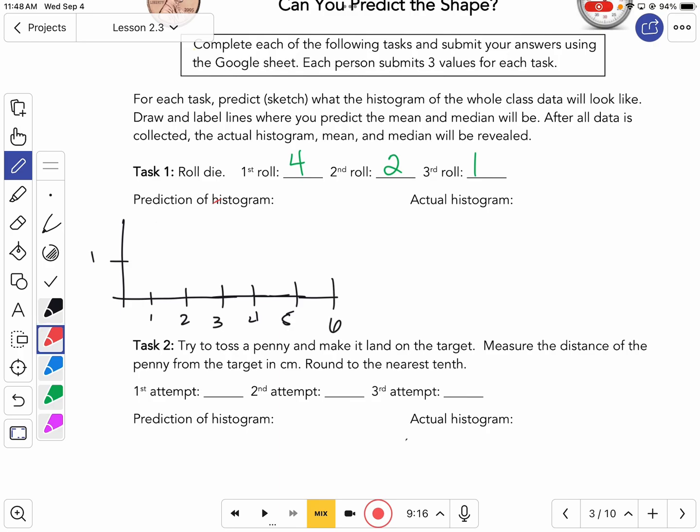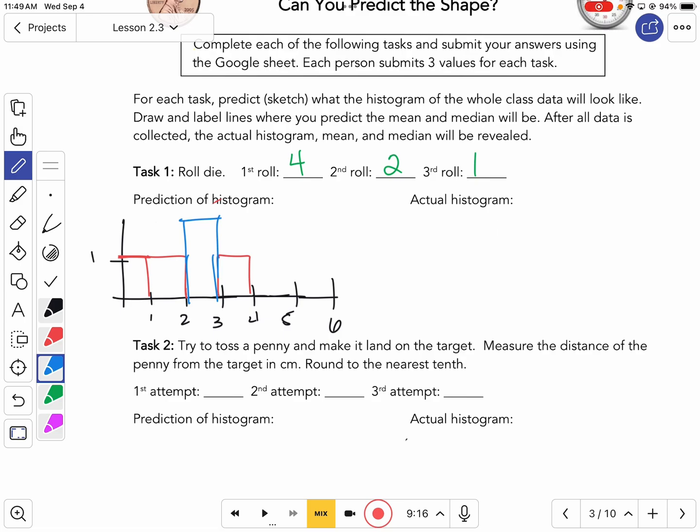My frequency at 4, I'd have 1 bar. At 2, I'd have 1 bar. And at 1, I'd have 1 bar. So mine would all look the same. Some of you might have rolled 3 two times, so yours might have looked something like that.